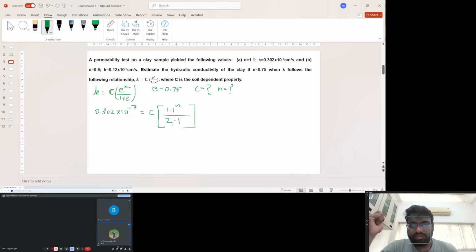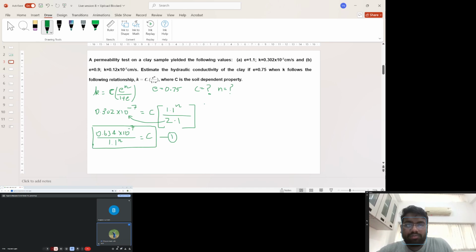So this can be rewritten as, you take this to this side, 0.302 into 2.1, which gives us 0.634 into 10 power minus 7 by 1.1 power n is equal to C. So this will be equation 1.